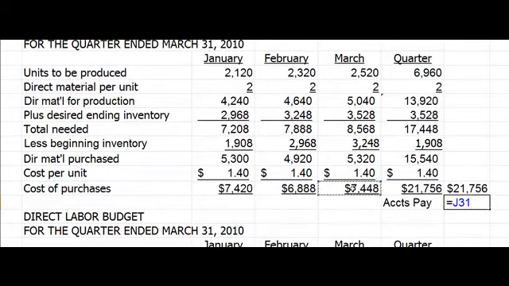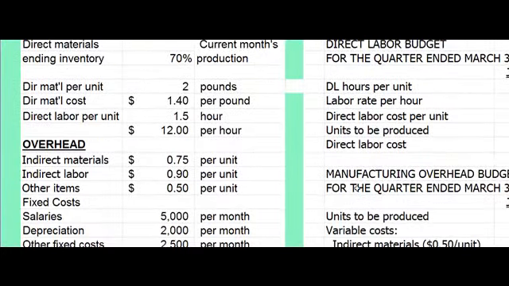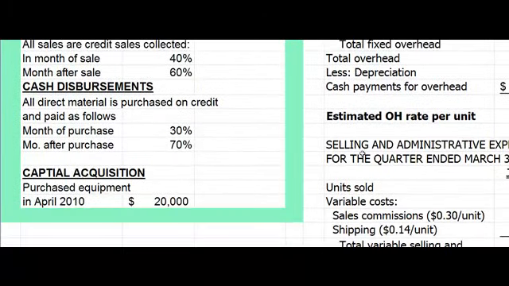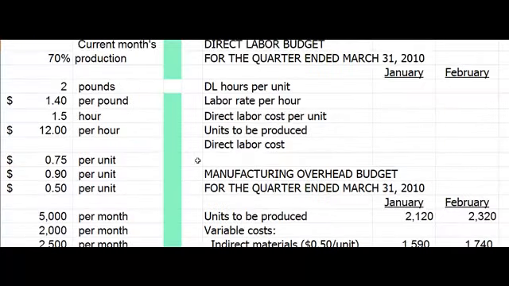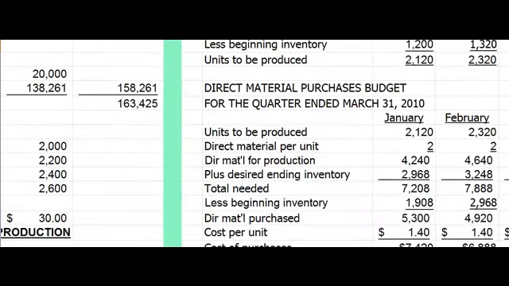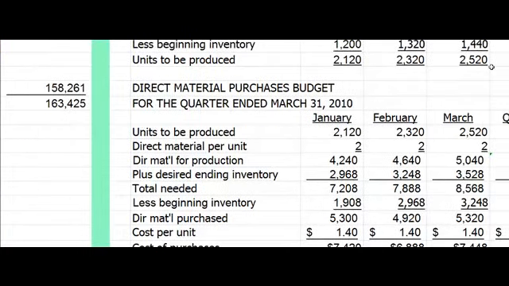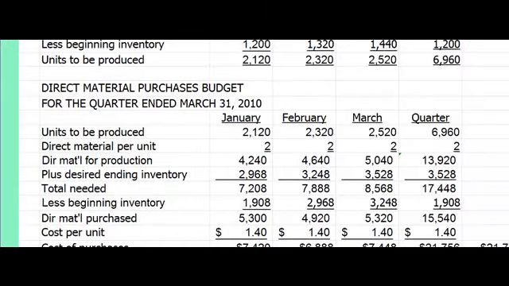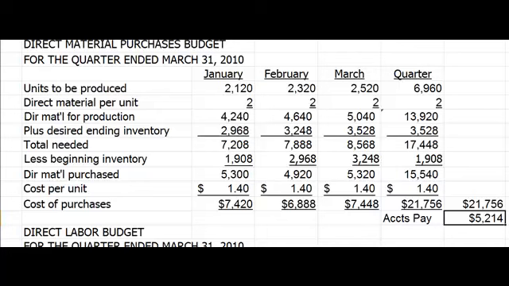So I'm going to pick up the March purchases times, go over to my assumptions, down to my cash disbursement assumptions, and pick up my 70% and hit enter, so that I have my accounts payable that will show up in my balance sheet at the end. So there's my accounts payable that I will then put into my balance sheet.